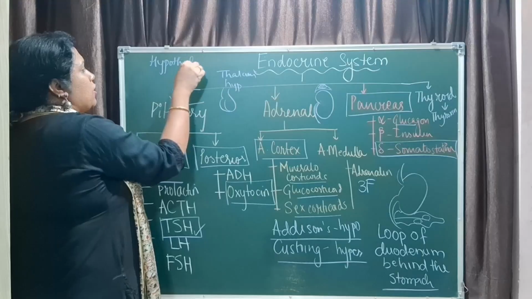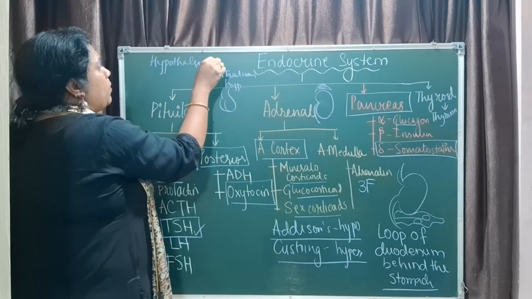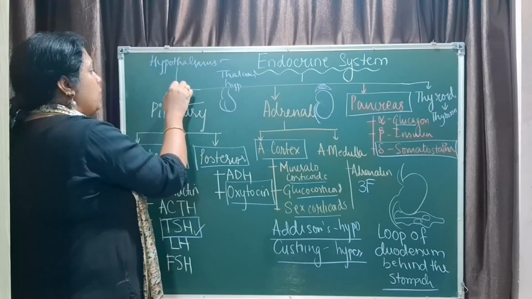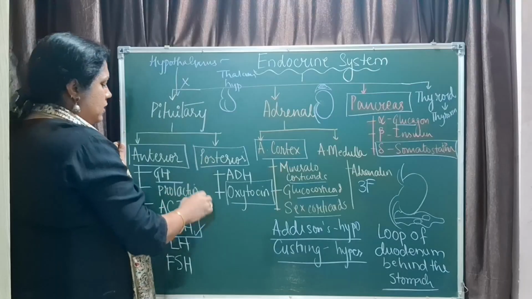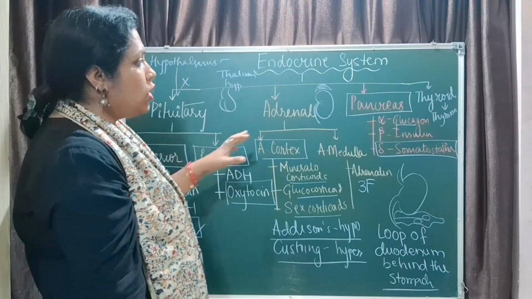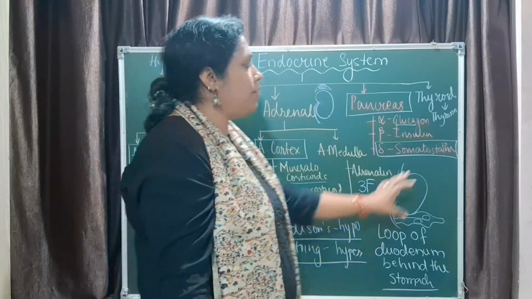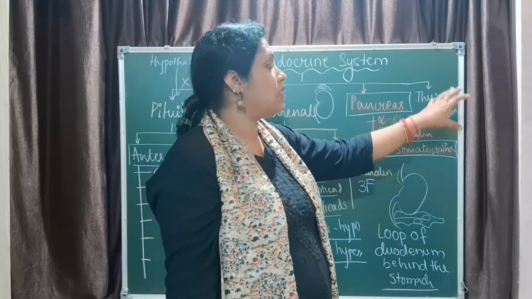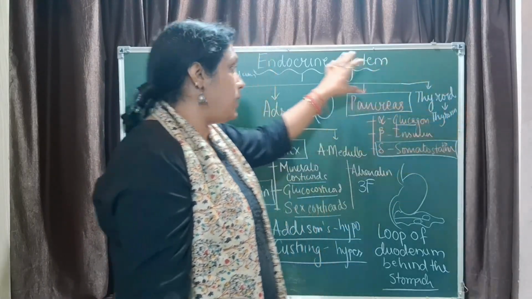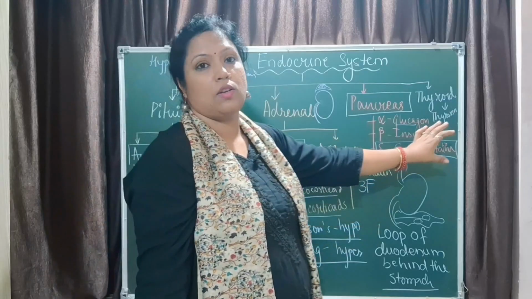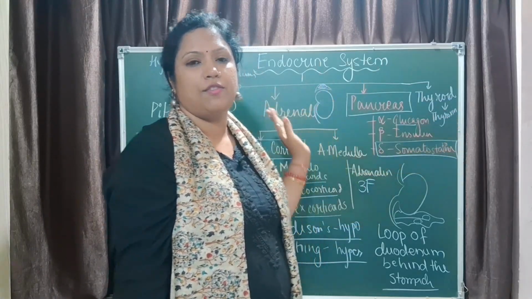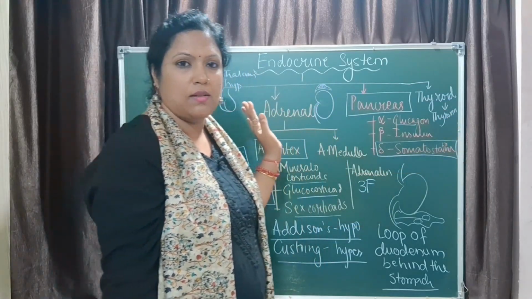Hypothalamus is the boss of pituitary, okay? It will ask pituitary not to release TSH anymore. So here the product itself is inhibiting its own release. This is called negative feedback. I hope it is clear.